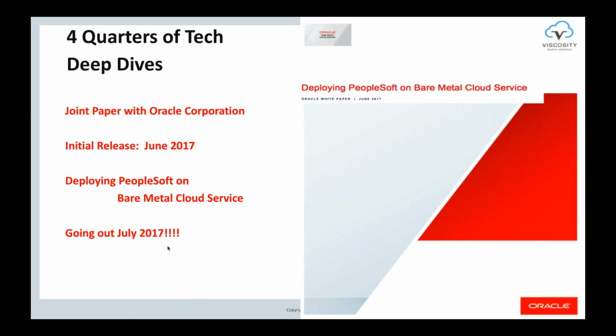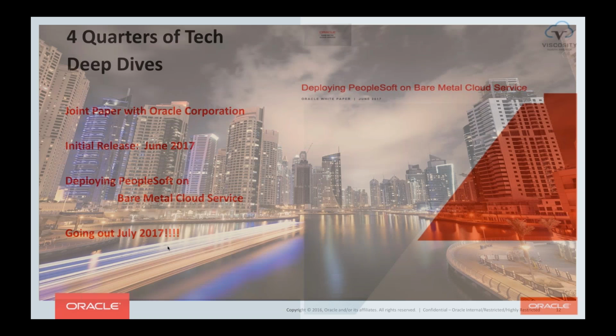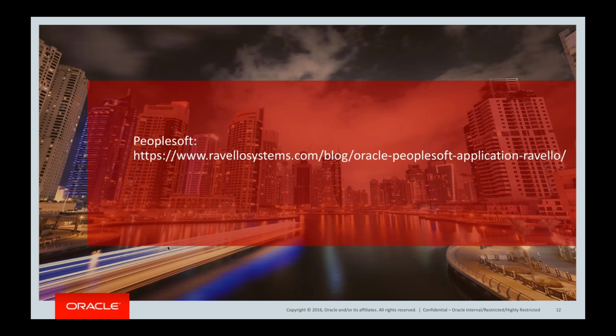And it's basically a white paper that talks about deploying an on-premise PeopleSoft application and database to Oracle Bare Metal Cloud. So look for that white paper, and that particular white paper will also be included as a chapter in our Oracle Pocket Solutions Guide.